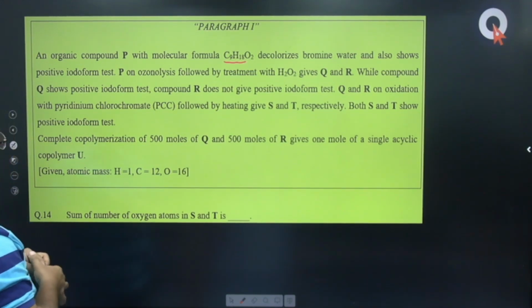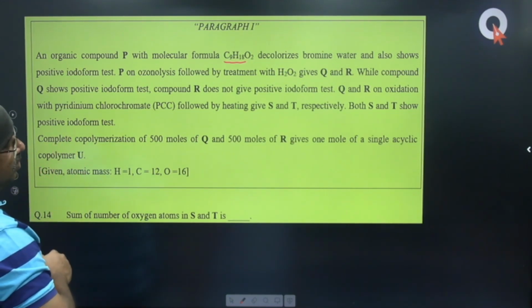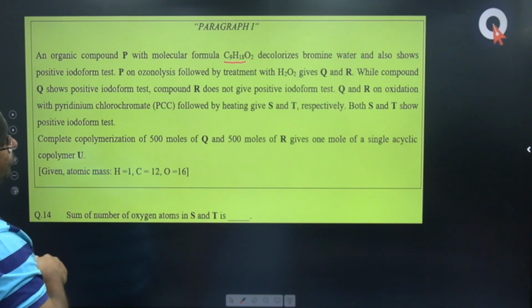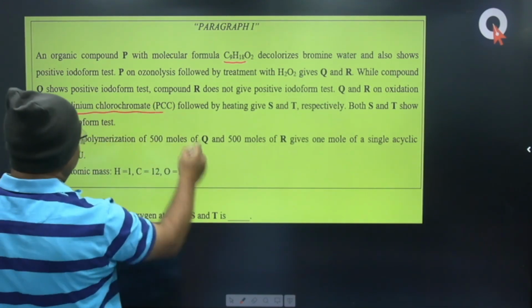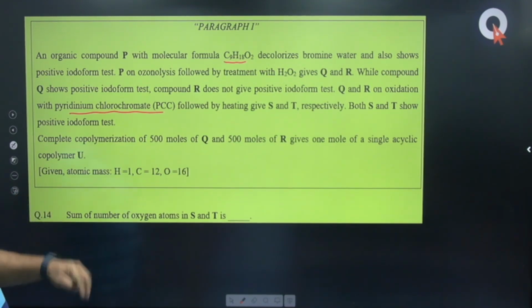But Q and R are treated with PCC. So with PCC there must be alcohols. This PCC reaction confirms there are alcohol groups. But when they are heated, suppose they give S and T, then both S and T will show a positive iodoform test. And the copolymerization of 500 moles of Q and 500 moles of R will form a single acyclic copolymer U. What is the number of oxygen atoms in S and T?